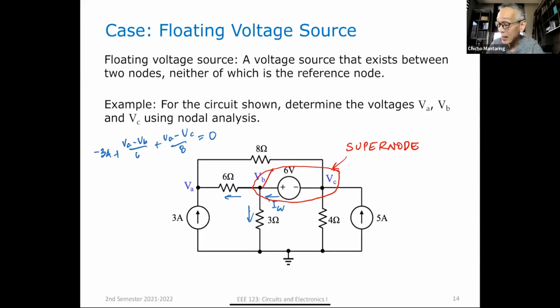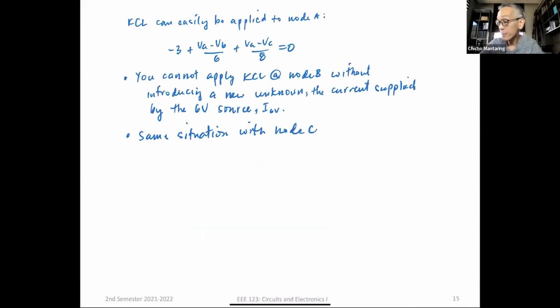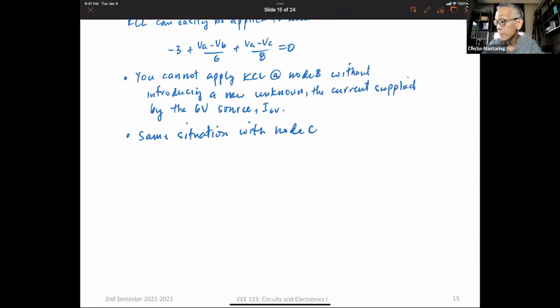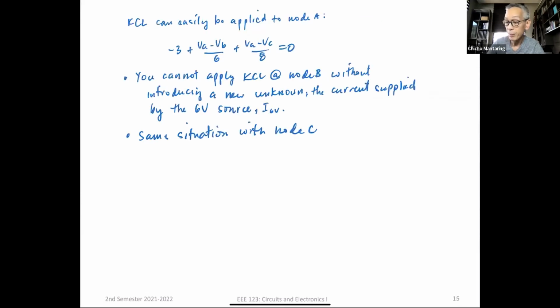I can even hide the inside of that. And then I can apply KCL to the entire supernode.